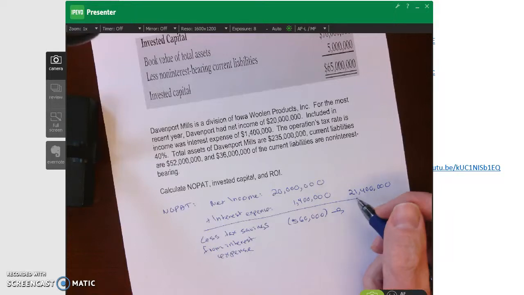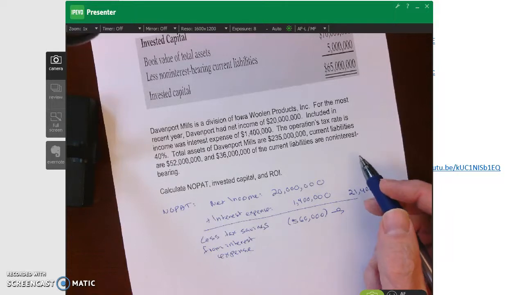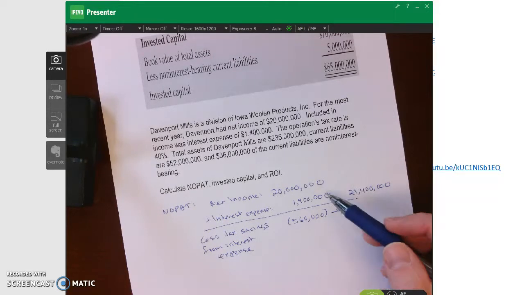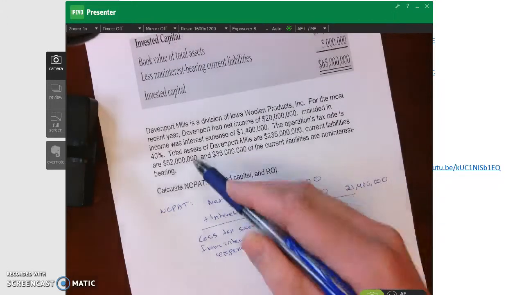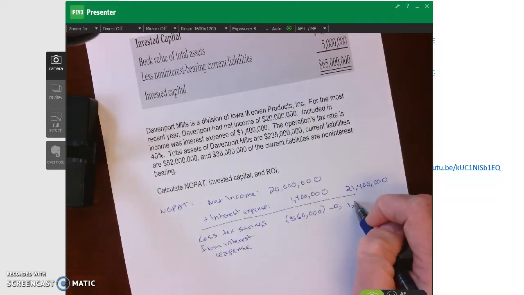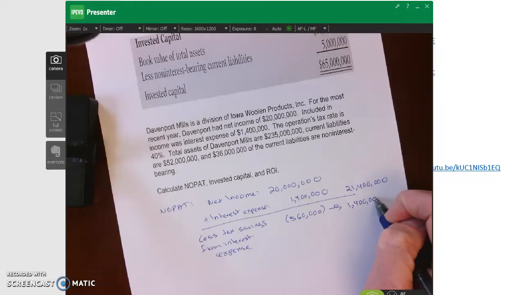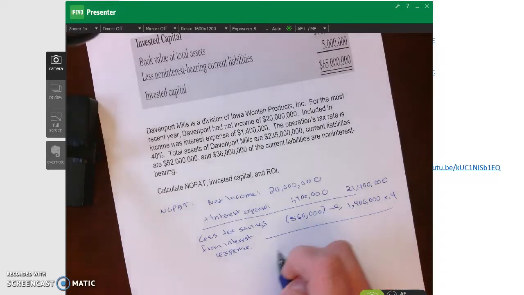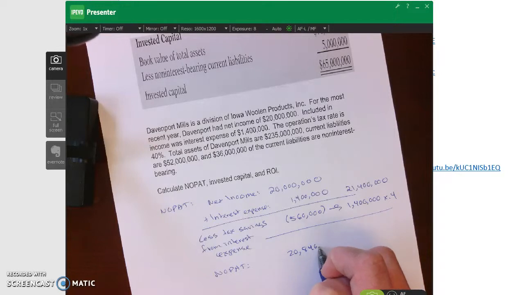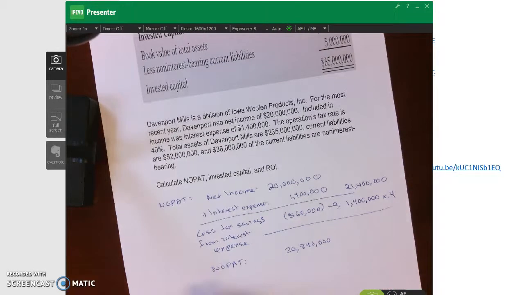The way I calculated that is I take my 1.4 million times my 0.4. So my NOPAT will therefore be equal to $20,840,000.